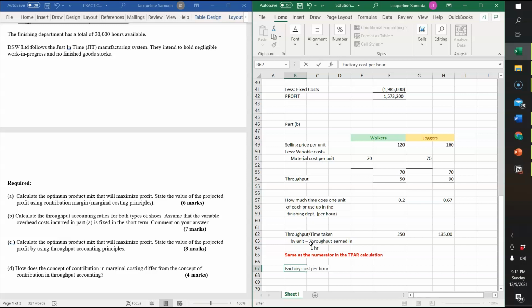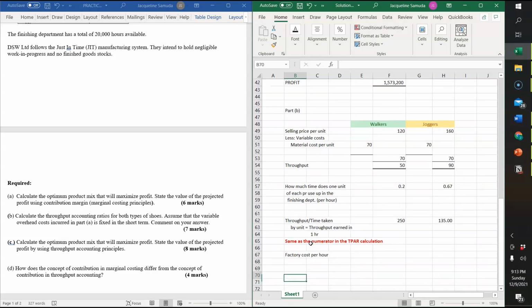Which is the denominator in the TPAR formula. So what is the factory cost per hour? In order to work out the factory cost per hour, we're going to need the following data. It's going to be the total factory costs for the year divided by the total hours of limiting factor available.